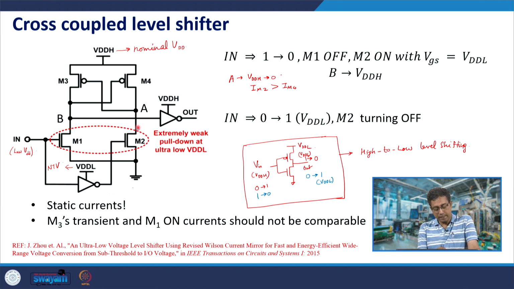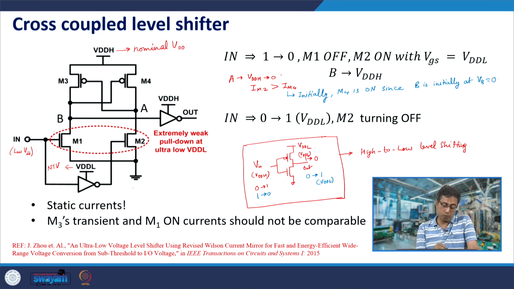As A is pulled down, M4 will have a non-zero VDS and it would have a current. That current should be smaller than the current going through M2. So, we may note that initially M4 is on since B is initially at VB equal to 0.